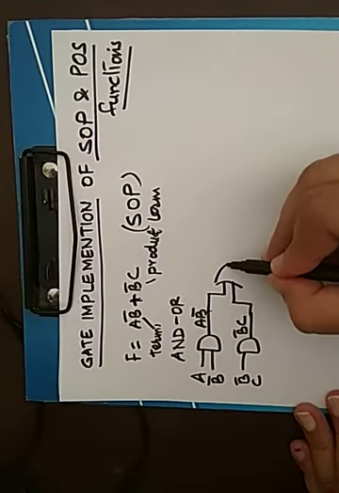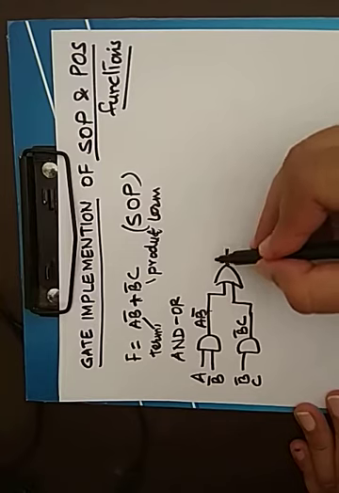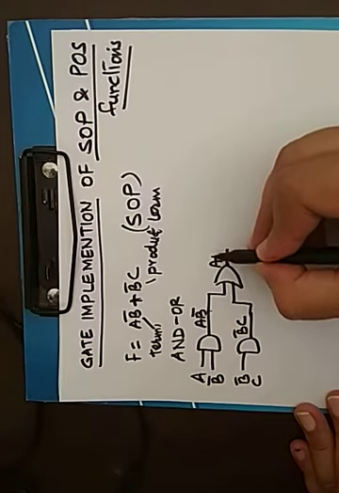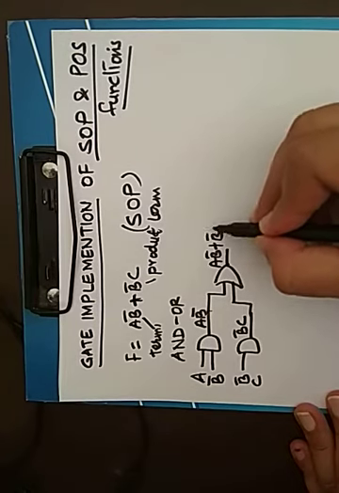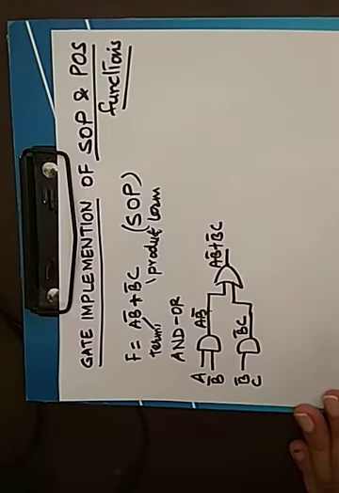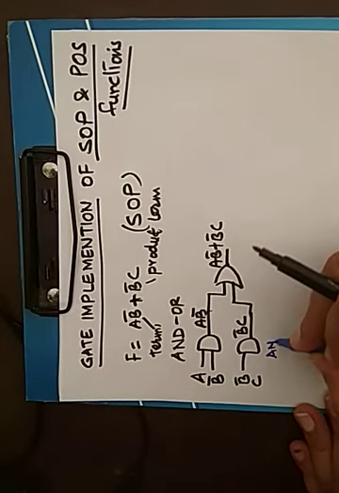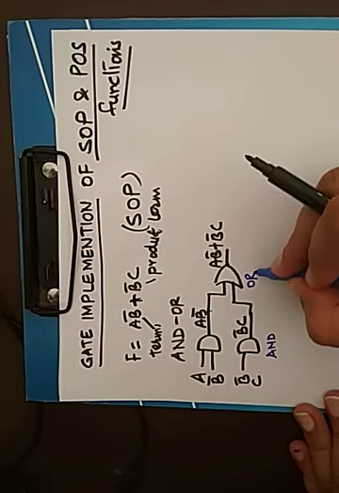The plus will be implemented by the OR gate. So here you have the function A, B bar plus B bar C. This is the AND-OR implementation.